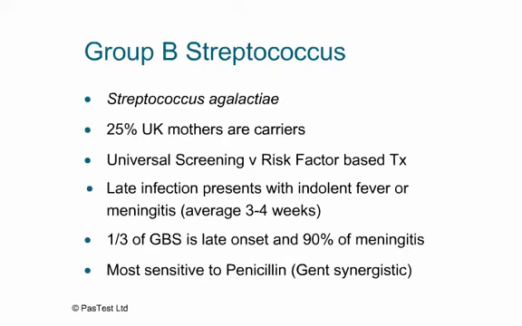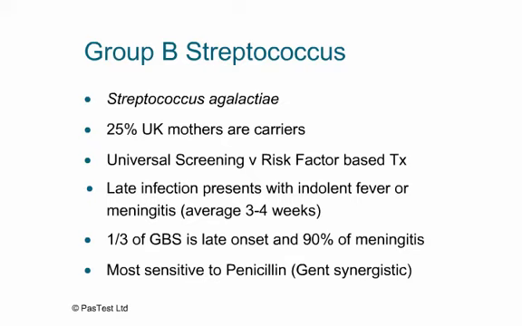In the US, this is classically Hispanics and American Indian populations. Group B strep, although devastating infection in neonates, does not usually cause significant infections later in life, and is actually a very sensitive organism. Most are sensitive to penicillin, and gentamicin just adds synergy.